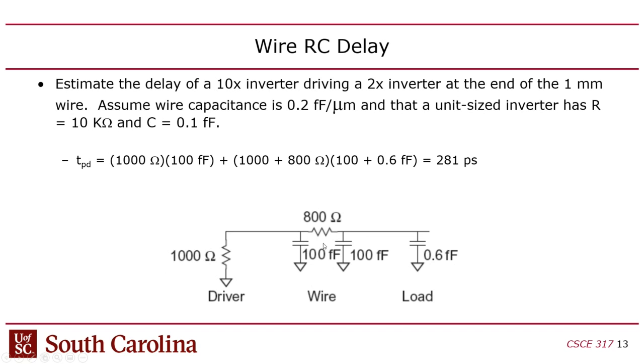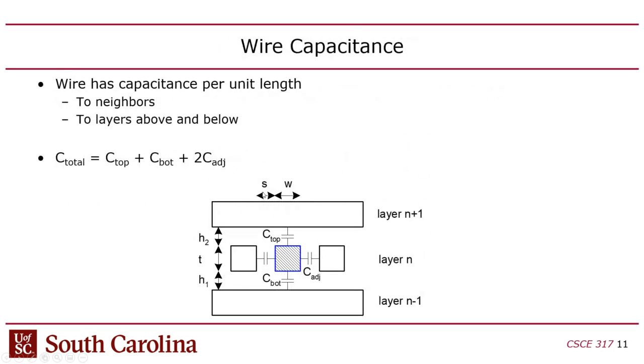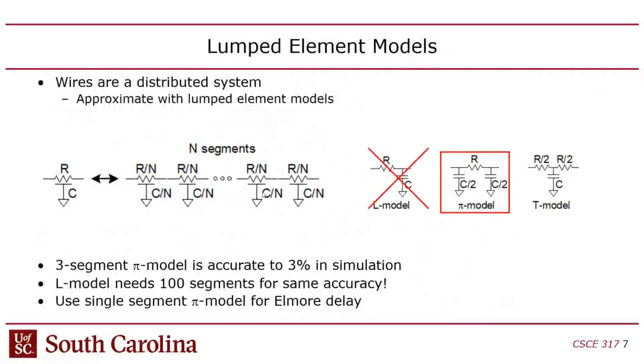You might say, why are there 2 capacitors there? Well, that's because I skipped the slide that talked about that. So here's the problem with wires. The wires are a distributed system. The wire is going to have a different amount of resistance depending on where you are along the wire, and the capacitance will also be different depending on where you are on the wire.